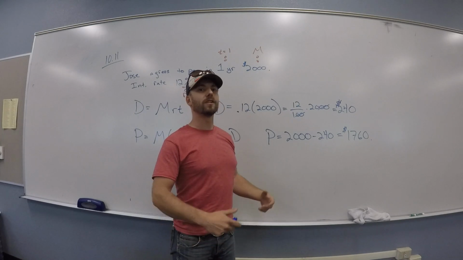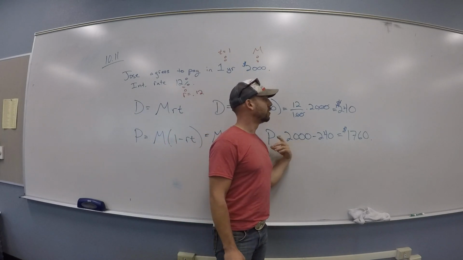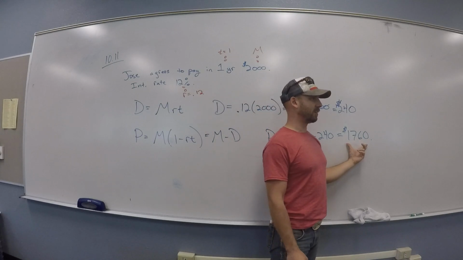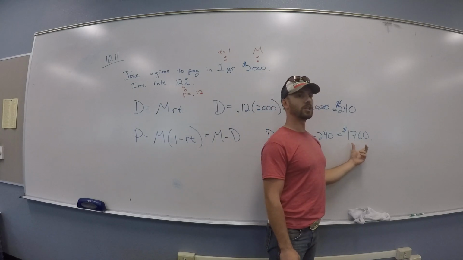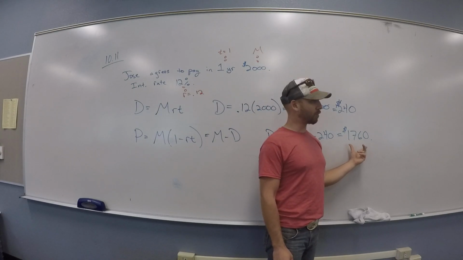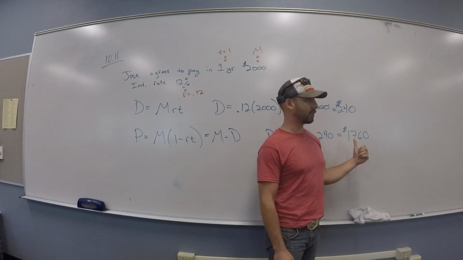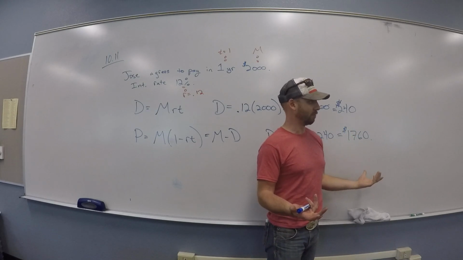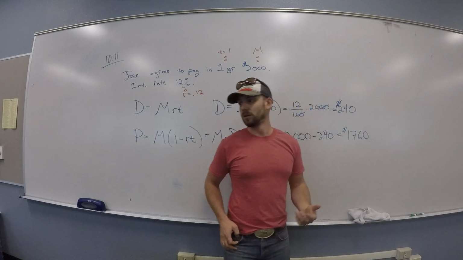Okay, so we know that he's going to get $1,760, right? Let's just quickly pretend that that was his principal and that he was paying 12% interest, and see which one would be a better deal. Does that make sense?